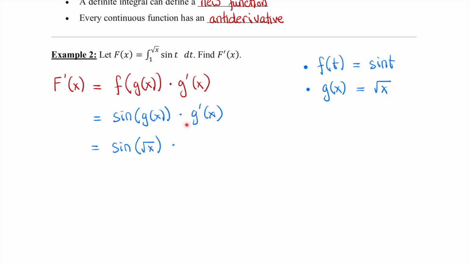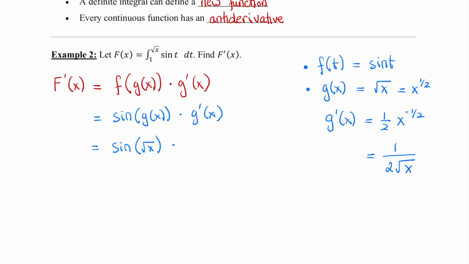Next, I need to find g prime of x. In order to find g prime of x, I will rewrite square root of x as x to the 1/2. So g prime of x equals 1/2 x to the negative 1/2, which is 1 over 2 times square root of x.